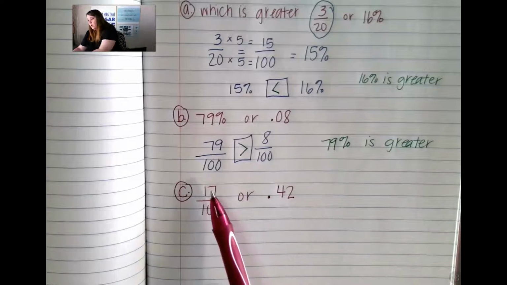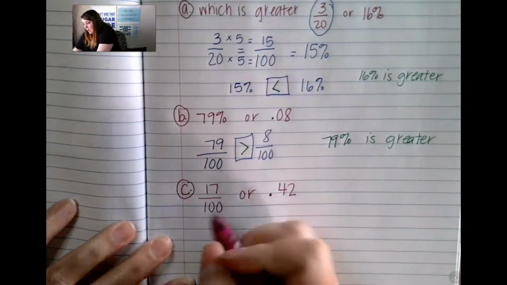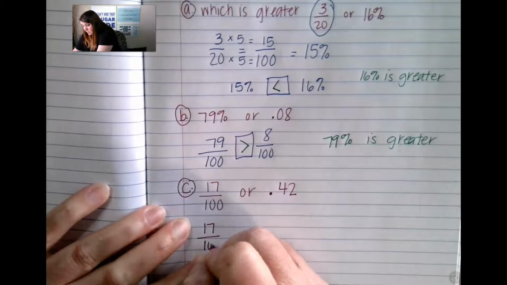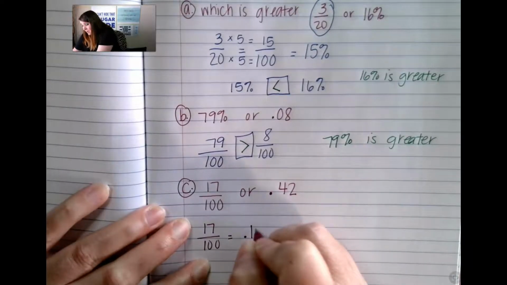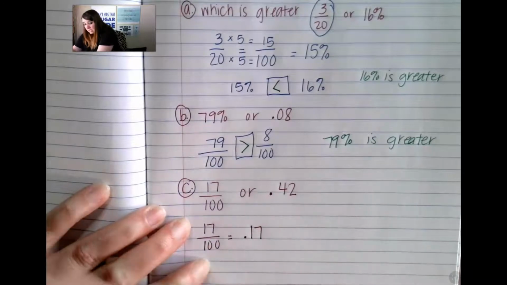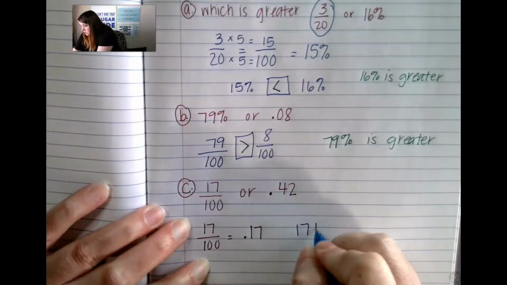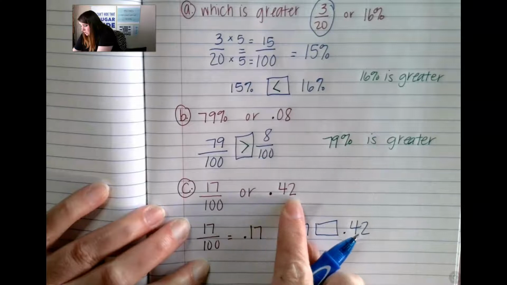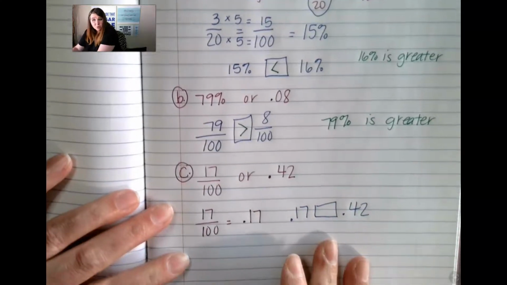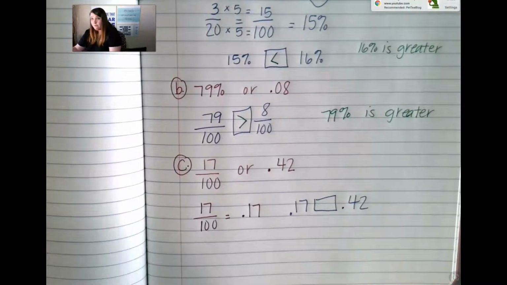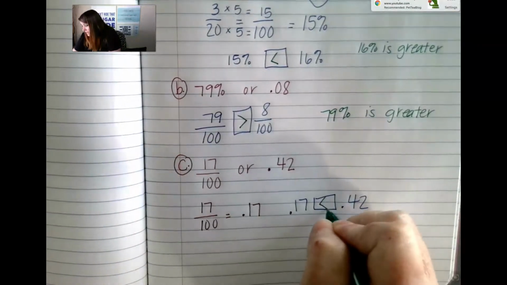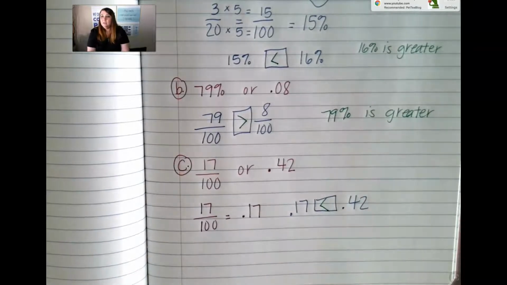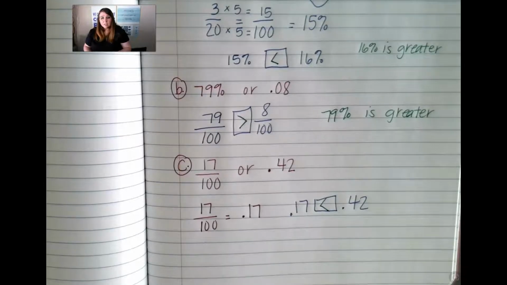I know that 17 over 100 is 17 hundredths, and I'm comparing it to 42 hundredths, because remember, tenths, hundredths, we can look at this and know that I would rather have 42 cents than 17 cents. So 42 hundredths is greater than 17 hundredths.